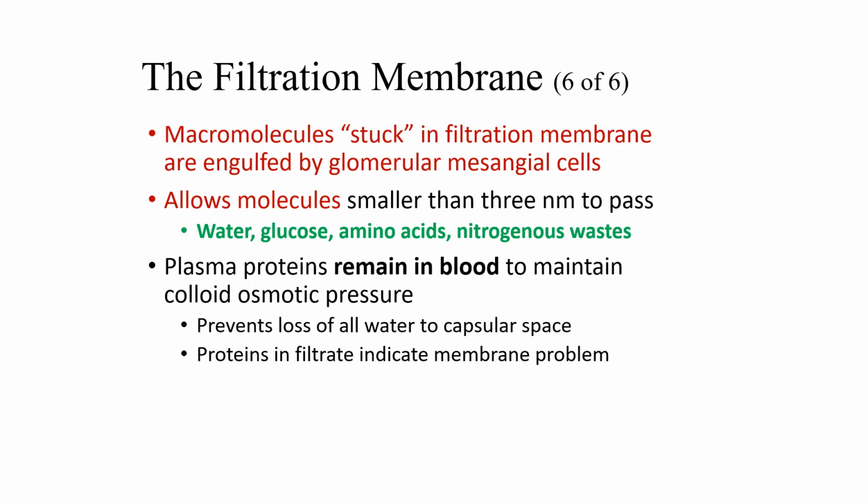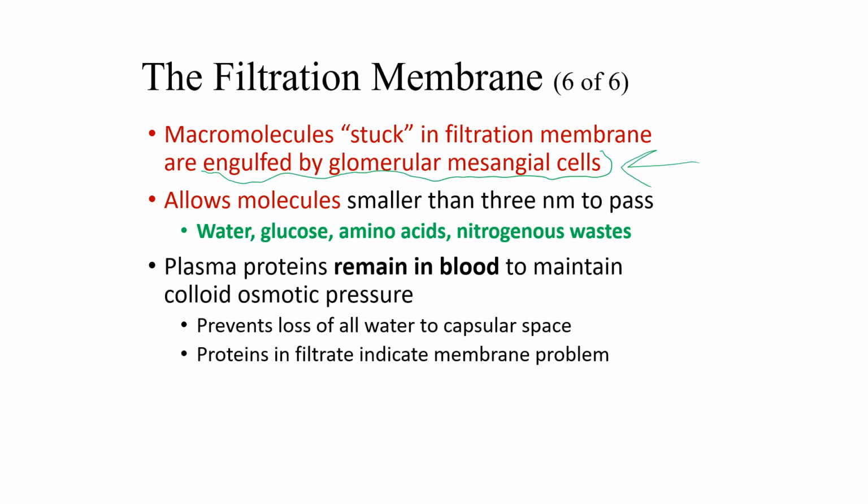So when we look at the filtration membrane, anything that's too big to pass through is going to be engulfed, phagocytized by the mesangial cells. So this means anything that's less than 3 nanometers can pass through.